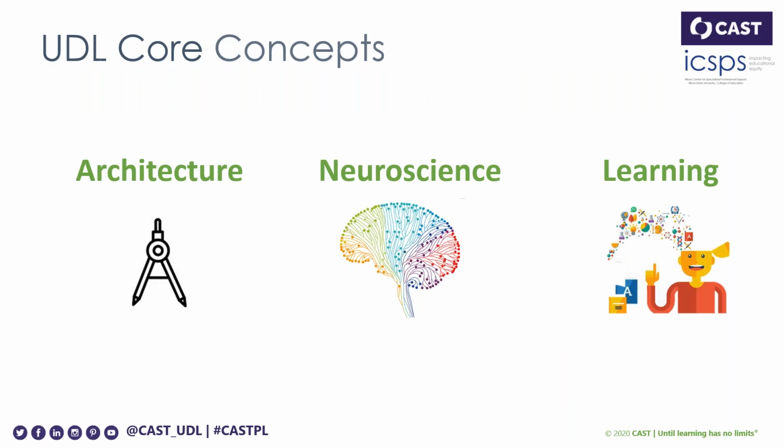So UDL Core Concepts. We have UDL in the architecture, UDL in neuroscience, and then UDL in learning. And those are the three big areas for where we really engage with universal design. And when we talk about architecture, we talk about all those things in your environment that you encounter that come with universal design. And for a lot of people, that's where it stops.